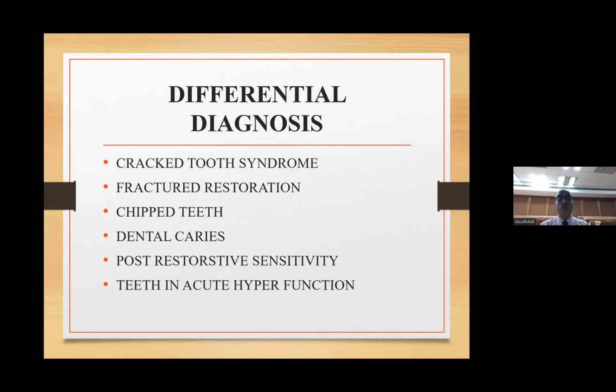We can easily clinically evaluate fractured restorations, chipped teeth, dental caries, post-restorative sensitivity, history, and teeth in acute hyperfunction. These are the differential diagnoses before we attempt dentinal hypersensitivity management.